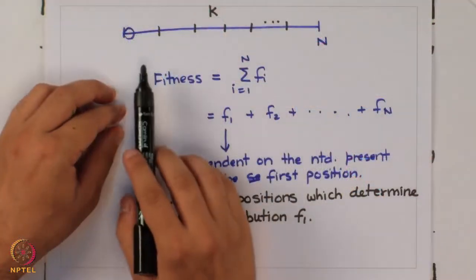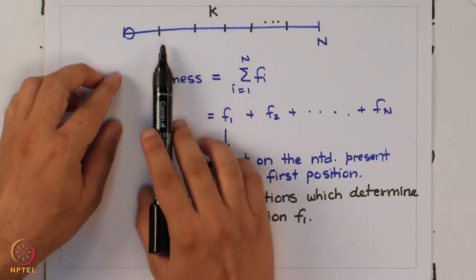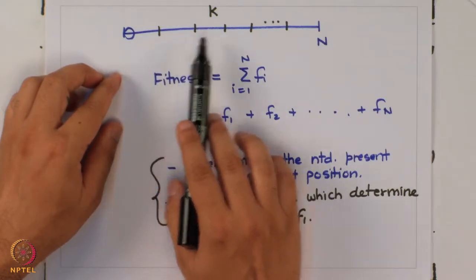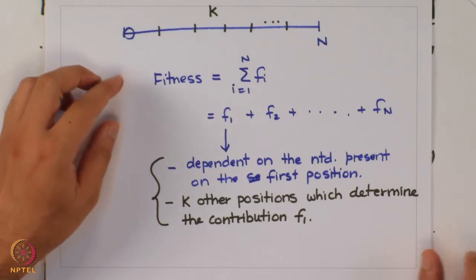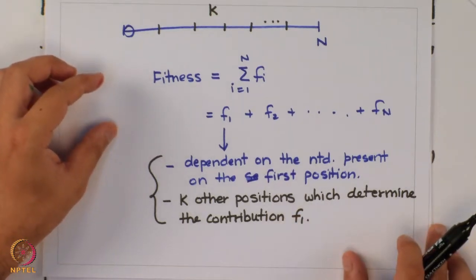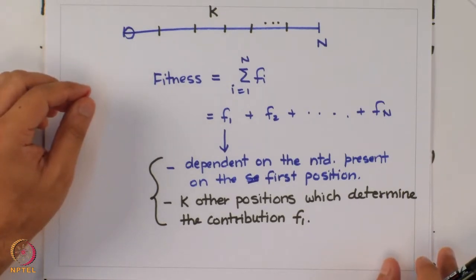And epistasis, as I had mentioned, is a widely observed phenomenon in all fitness landscapes that we observe. What this allows us to do is make the fitness contribution from the first nucleotide contingent upon the nucleotides present at other locations on the piece of DNA, and hence incorporate epistasis into our fitness landscape models.